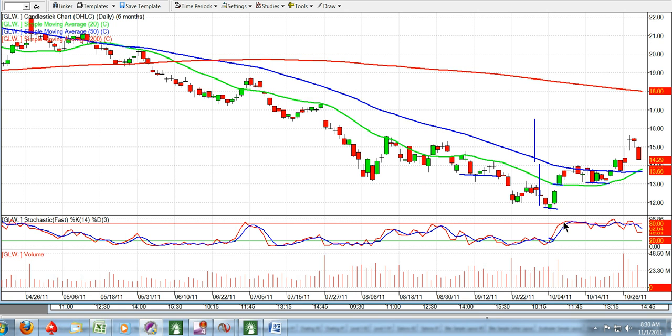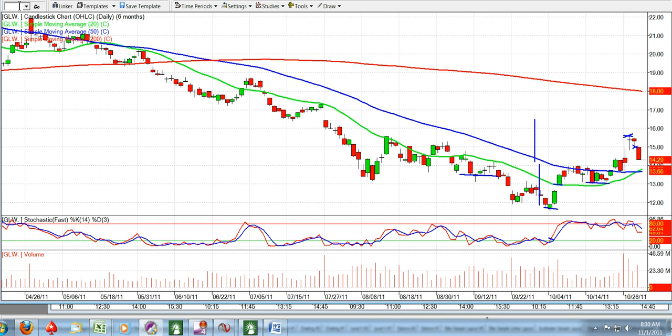But as you can see, we did get embedded stochastics. We got a stochastics rollover here. So I got in right here at the 13 level. When we became overbought here, I took profits in this area, and then I took profits in this area.